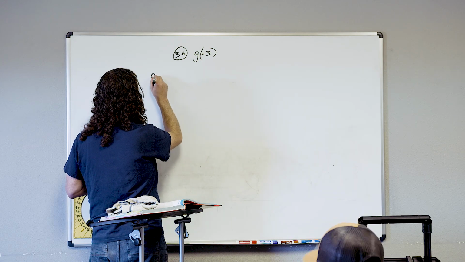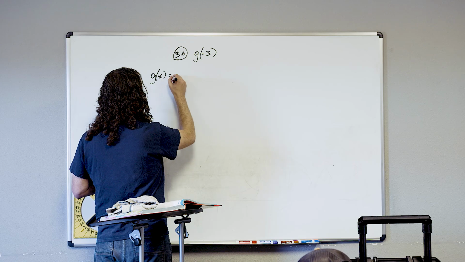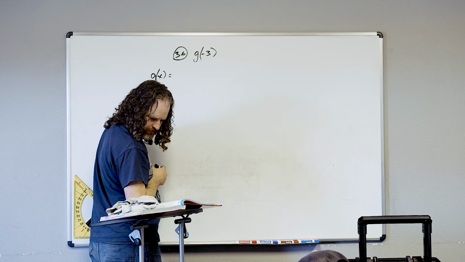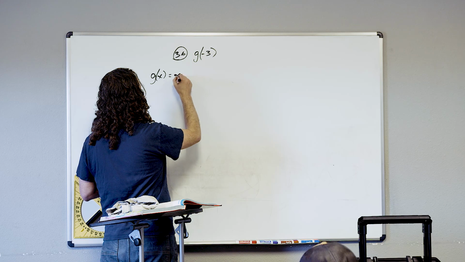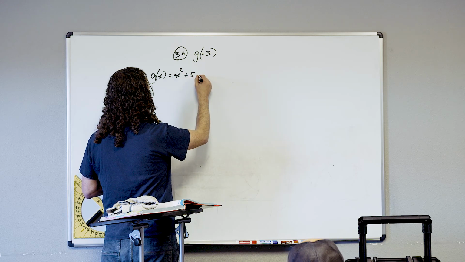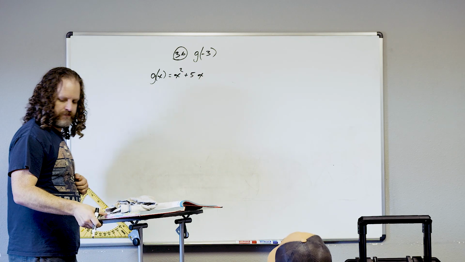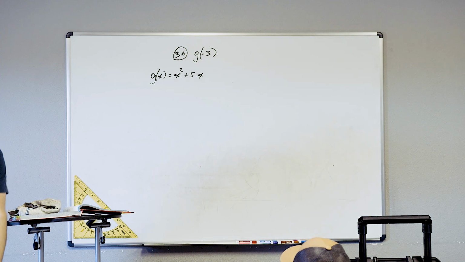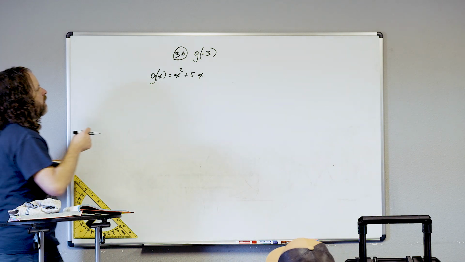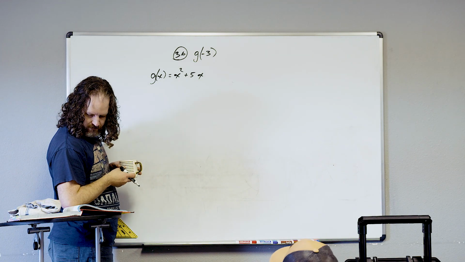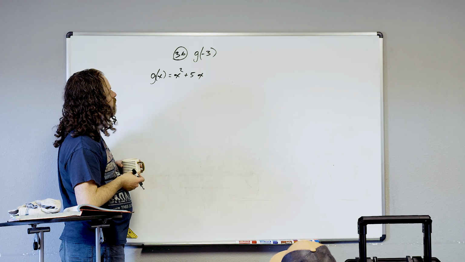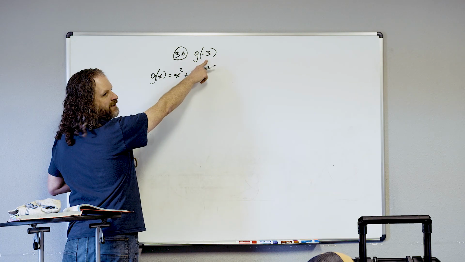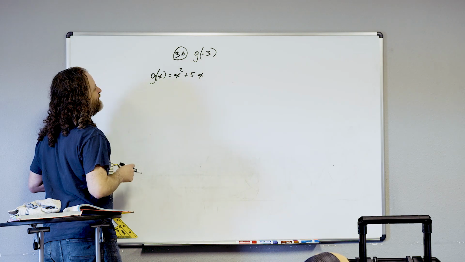And we were told at the top that g of x equals x squared plus 5x. So what do we need to do? Substitute. Is this 36? It is 36. I have g of -3. That's what I wrote. Oh, my bad.